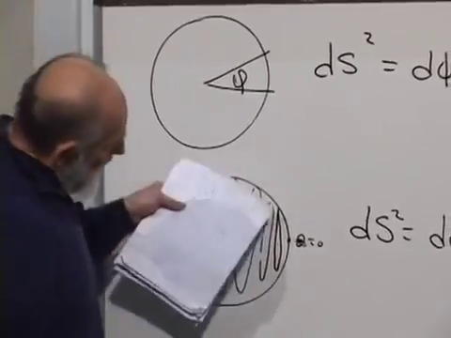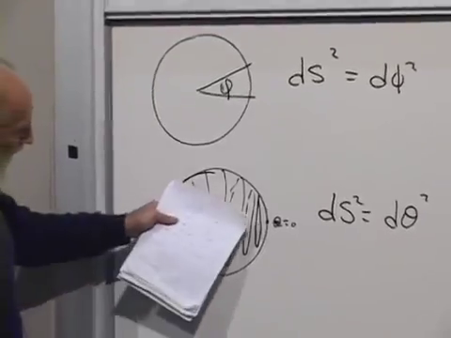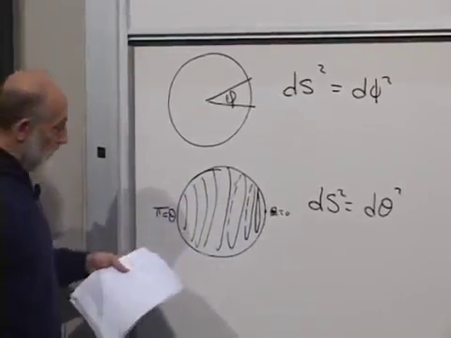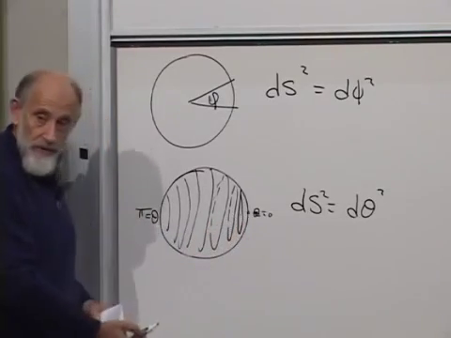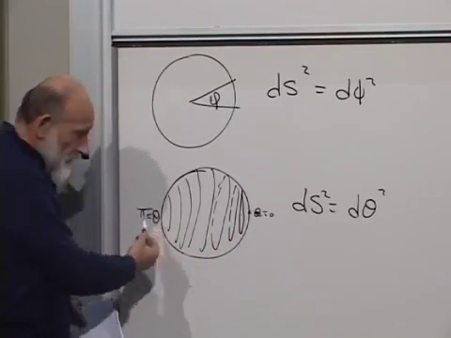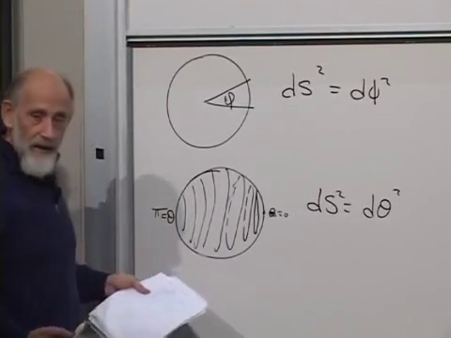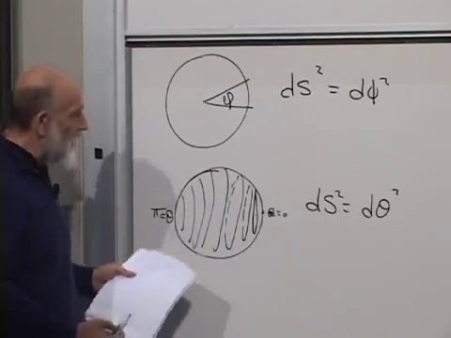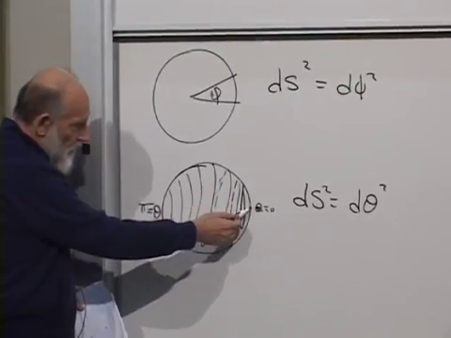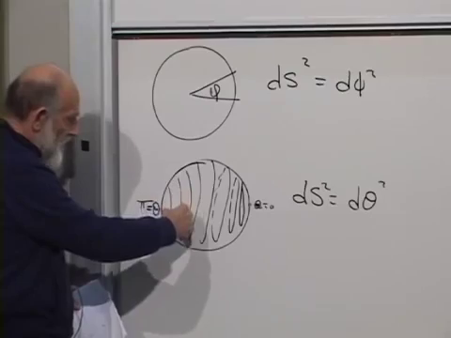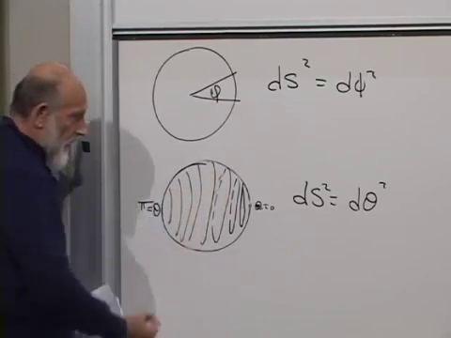So each one of these is not a unit one sphere. The radius of the circle varies from this end where it's 0 back to this end where it's 0, but in between, what's it given by? Sine of theta. Sine of theta varies smoothly from 0 back to 0, going through a maximum at 90 degrees and then coming back to 0.